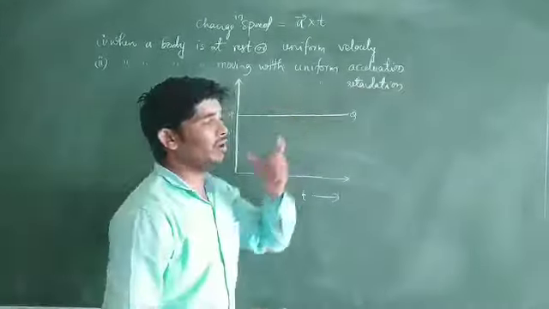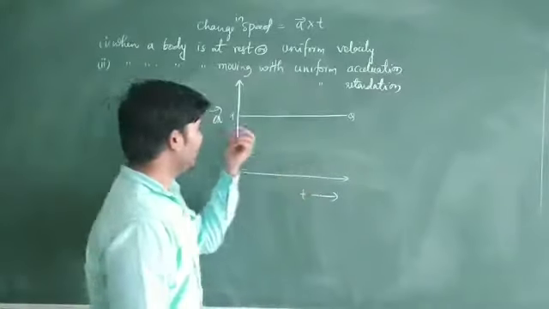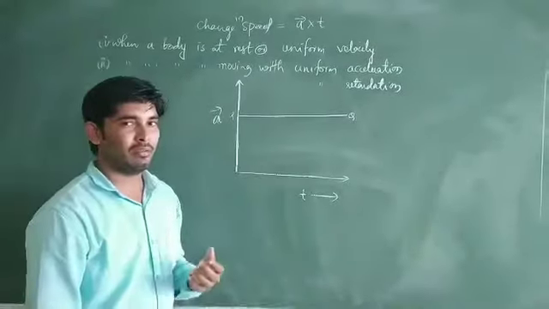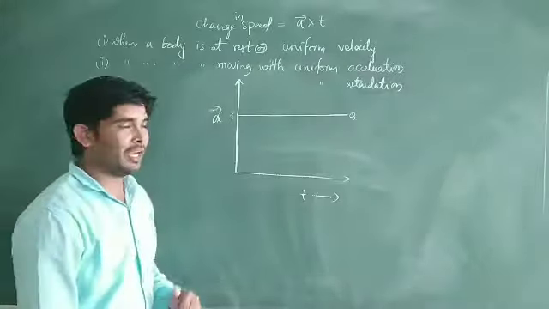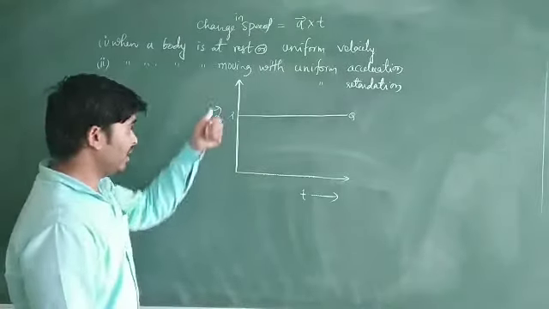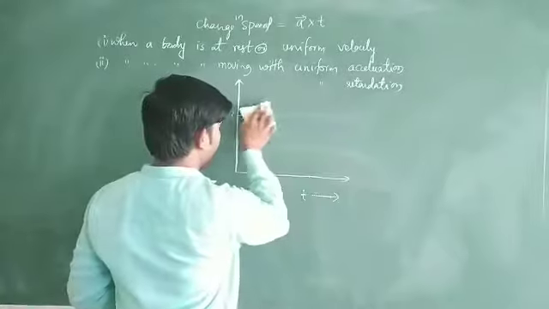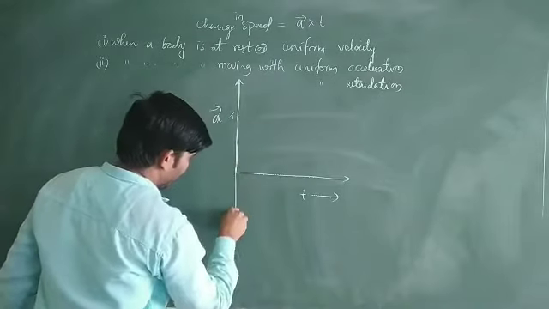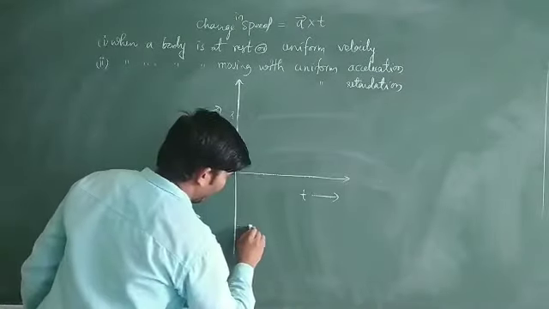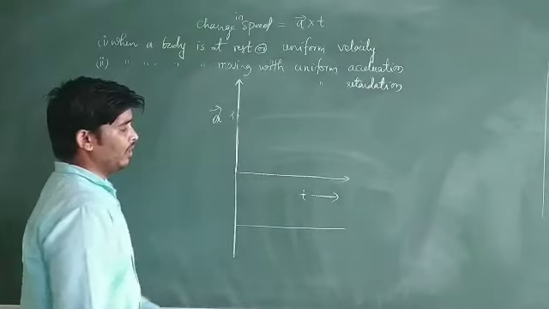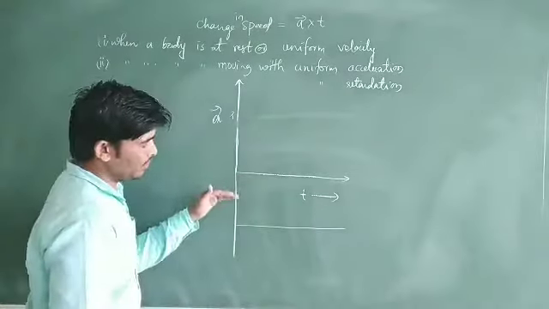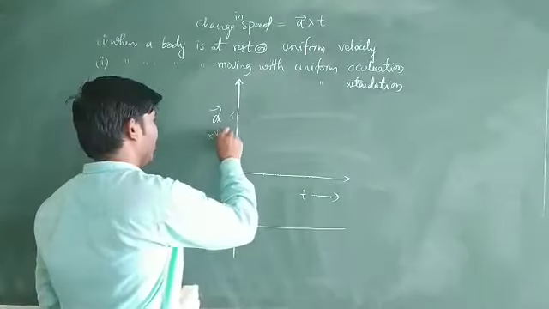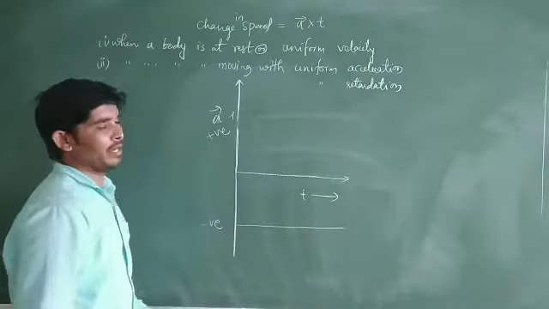In such a case, the acceleration time graph is a straight line parallel to the time axis, but on the negative side of the acceleration axis. This is the positive side and this is the negative side.